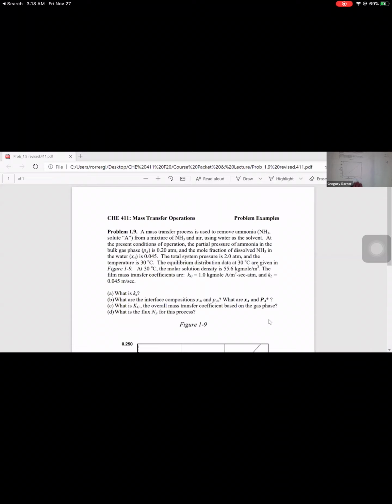So we'll keep this handy because we're going to need a graph at some point. All right, but I'm going to just start without it. So there's some givens in the problem, and I'm not going to write all those down in the interest of time so that we can get through this example. But you'll be having to write down the givens, and I'll just be using the givens as I work through this.